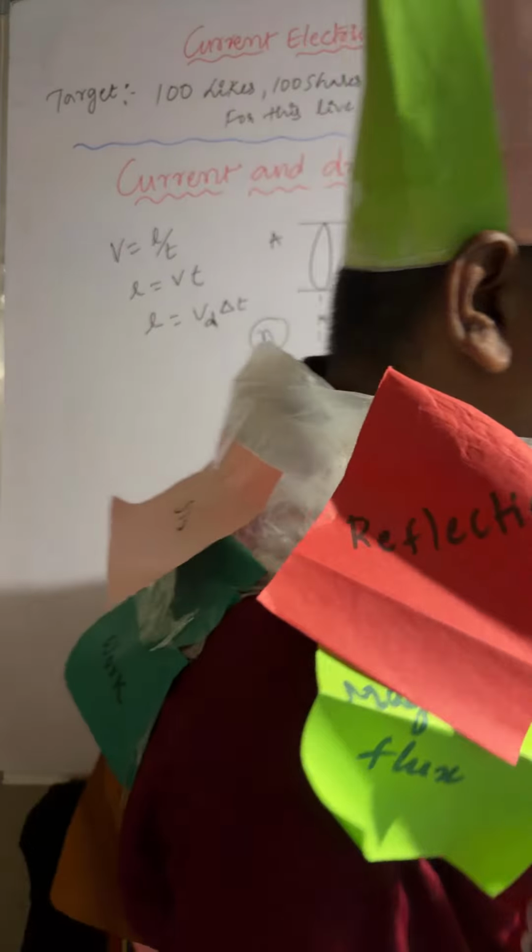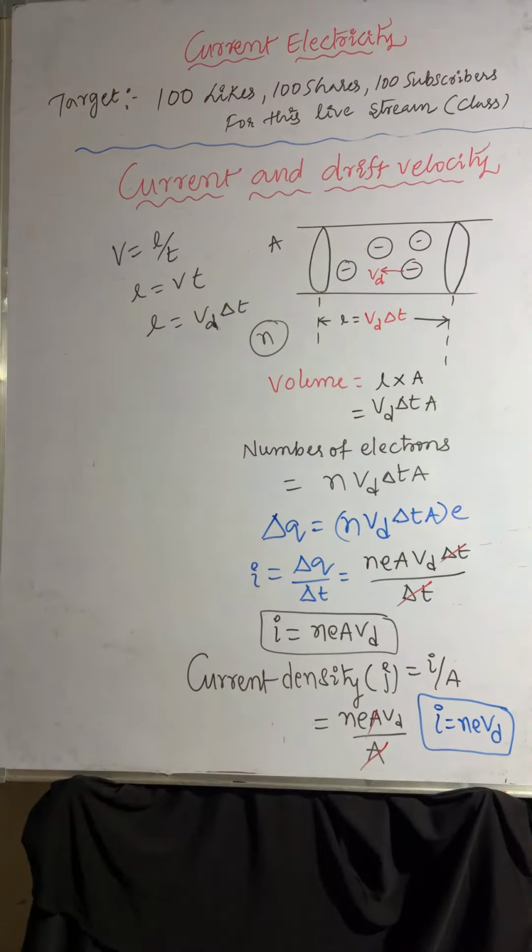Understood or not? Just check once. Current and drift velocity. So normally, area of the cross section.